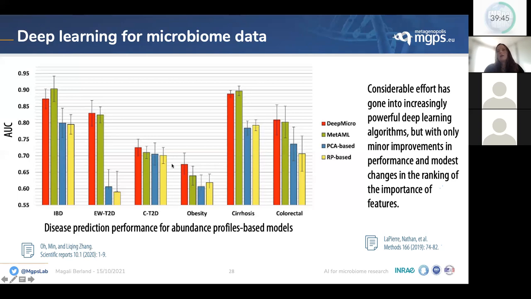And there is only, you see, obesity, which is quite hard to predict, where deep learning based on autoencoder performs a little bit better than the original method. But for the others, there were not very exceptional results.